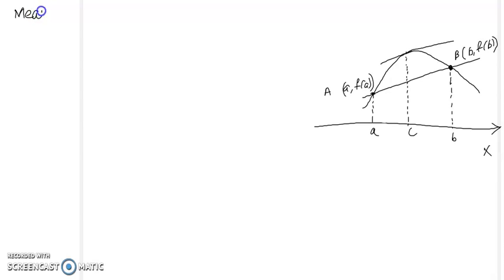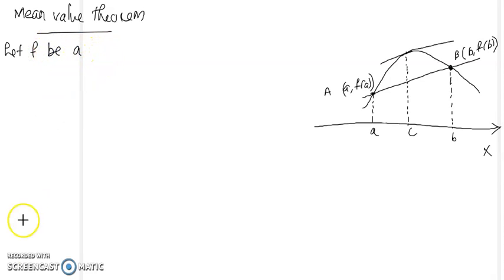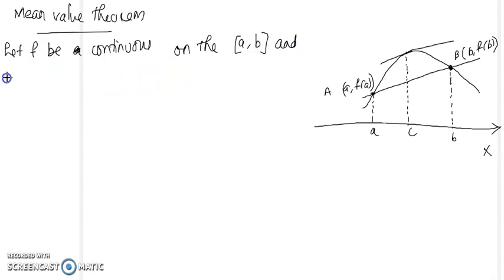So let us state the mean value theorem. Mean value theorem states that, let f be continuous on the closed interval ab and differentiable on the open interval ab.